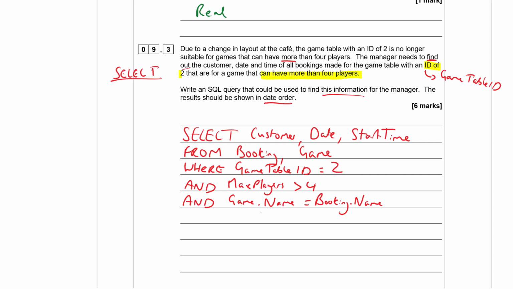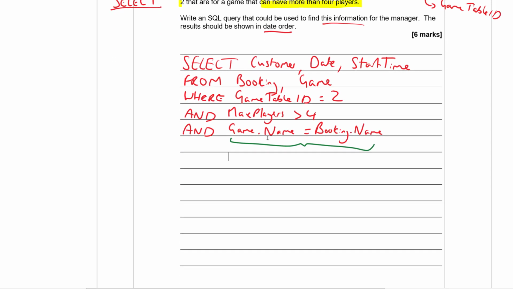So whenever we have two tables, we always have a line like this, where we link the primary key to the foreign key. Now when you have two tables with the same name, which unhelpfully is called name here, you've got to give the name of the table before the field name.